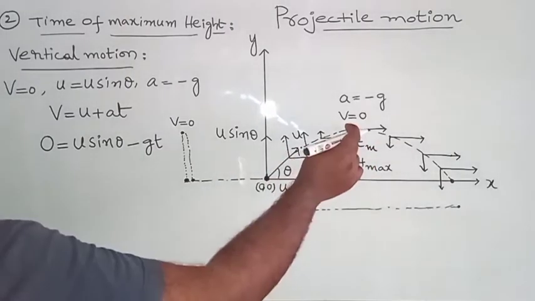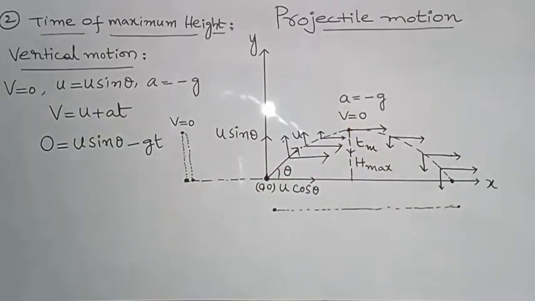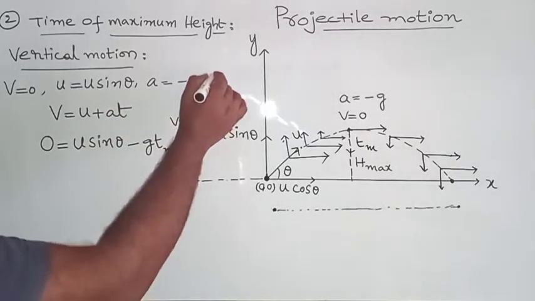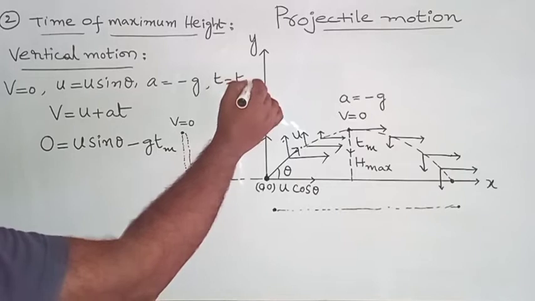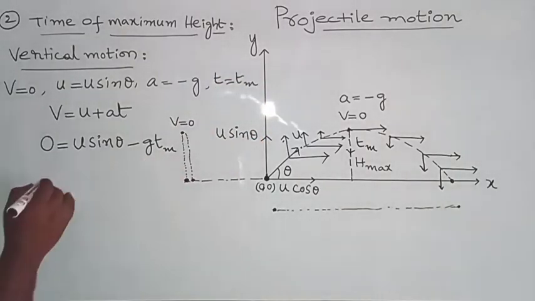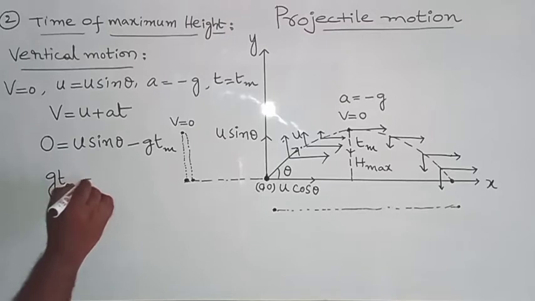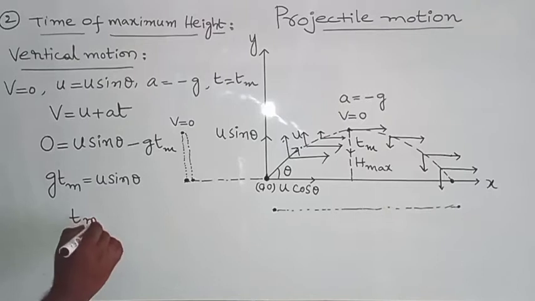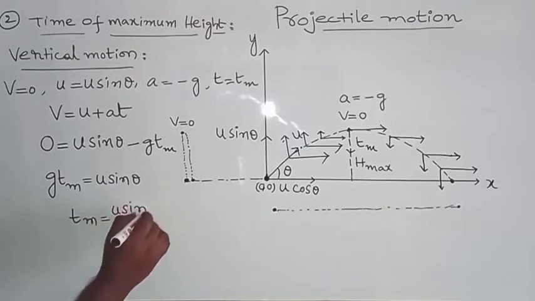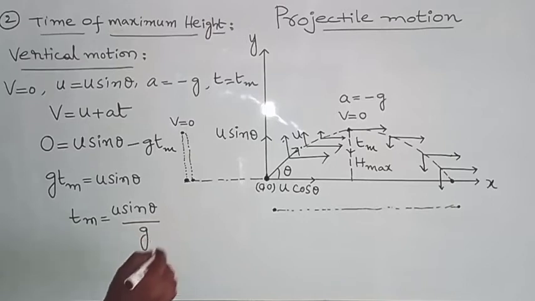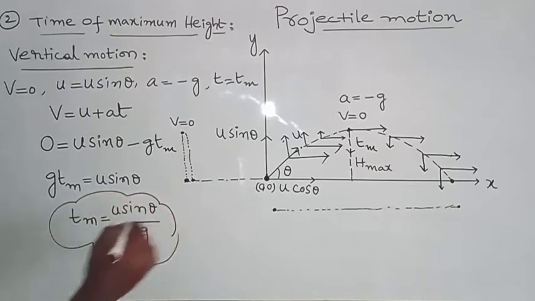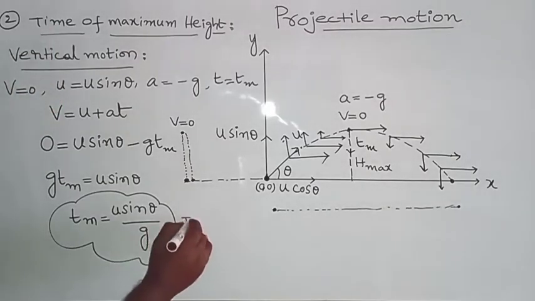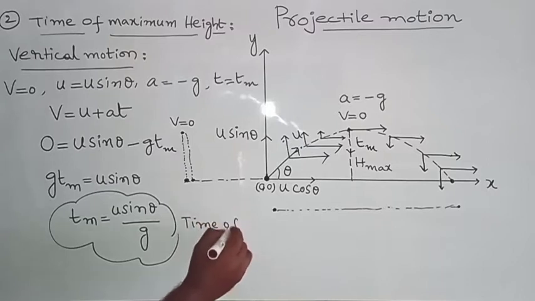From origin to reach the maximum height, how much time is taken by the particle is called time of maximum height, Tm. Here T is Tm. Now move this term to this side, G Tm equals u sin theta. Take the Tm value, u sin theta upon G. This is the formula for time of maximum height.